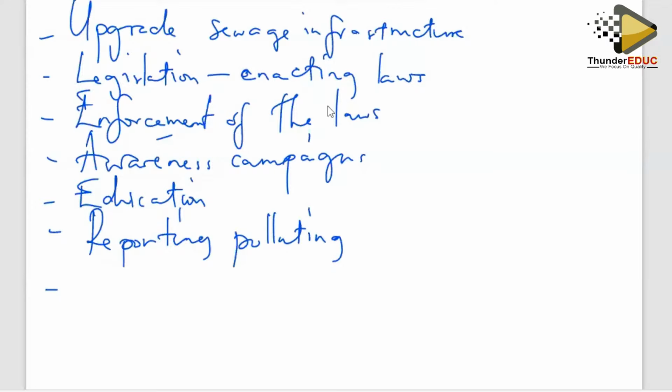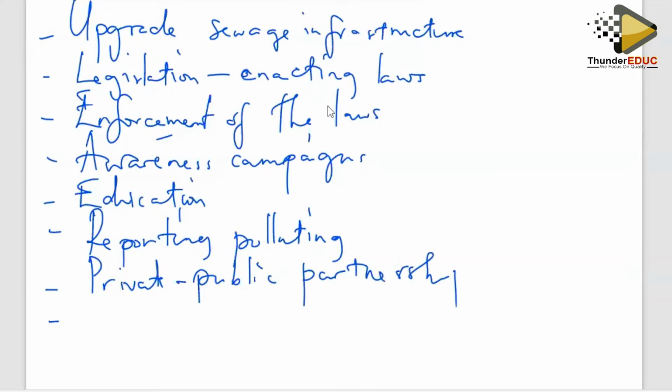And also, we can look at private-public partnerships. The municipality can partner with other institutions and companies to find sufficient funding to ensure that there is a proper and sustainable management of the rivers. Partnering with private companies who are willing to give a hand and sustain the river.